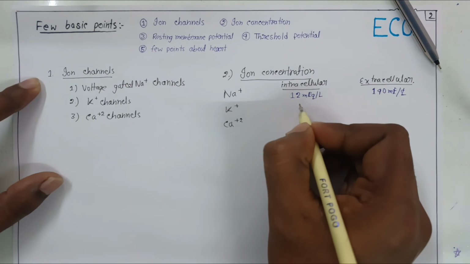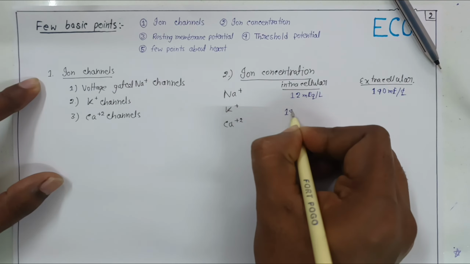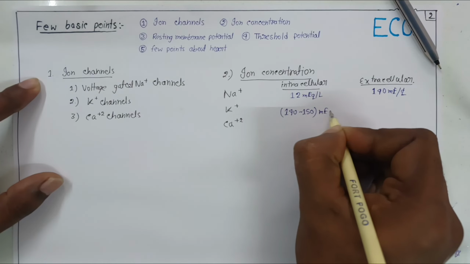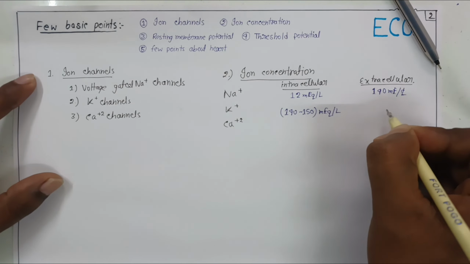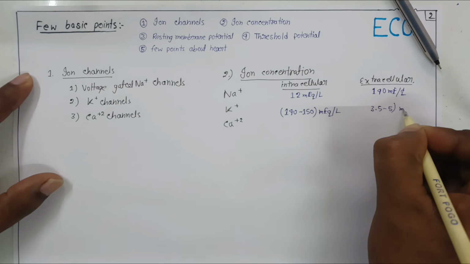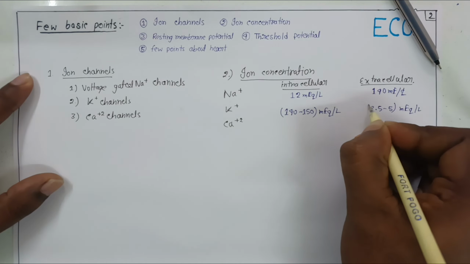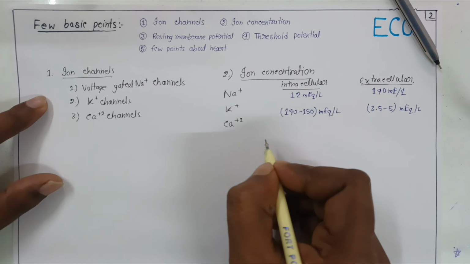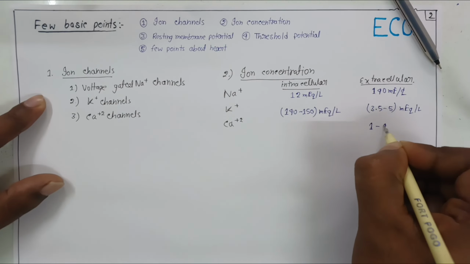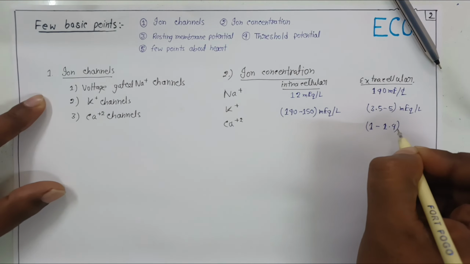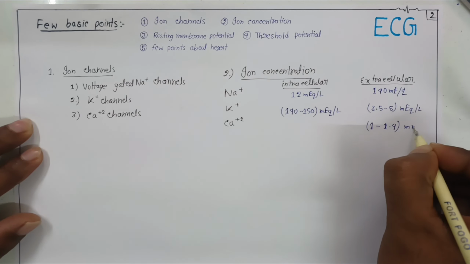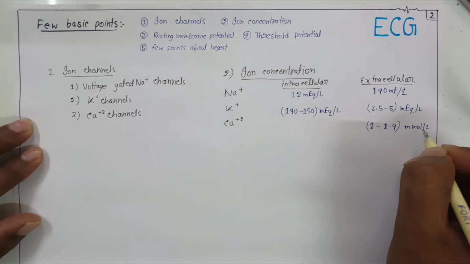For potassium, it is about 140 to 150 milliequivalent per liter intracellular, and extracellular is about 3.5 to 5 milliequivalent per liter. In case of calcium, the extracellular concentration is 1 to 1.4. The unit is important here. It is not milliequivalent, it is millimole per liter.